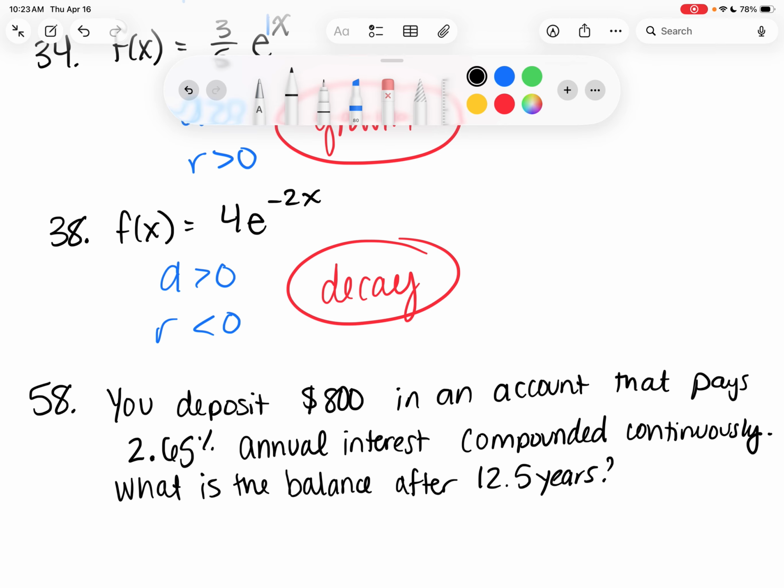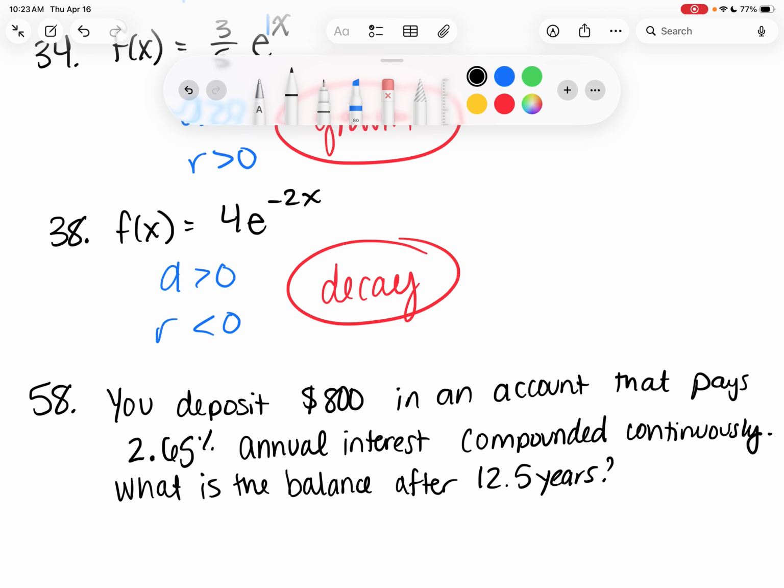All right, so we're going to be using our A equals PE to the RT formula. If you have ever put money into a savings account, then more than likely it's compounded like once a quarter. Some banks are once a month. But you'll get paid some amount of interest based on what's in your bank account. This one is compounded continuously, so this is a little bit different.